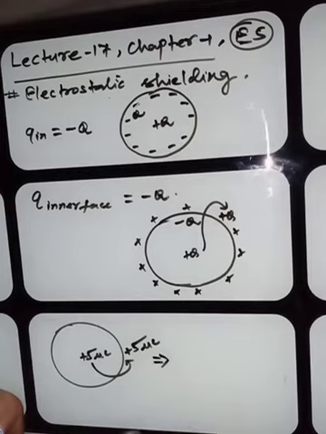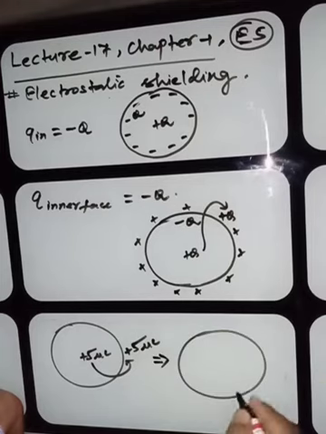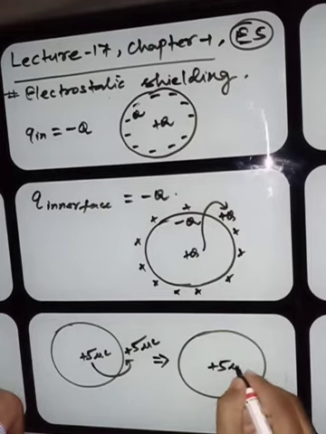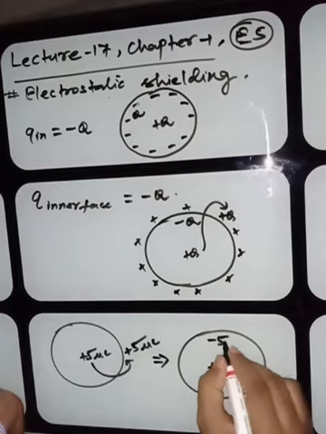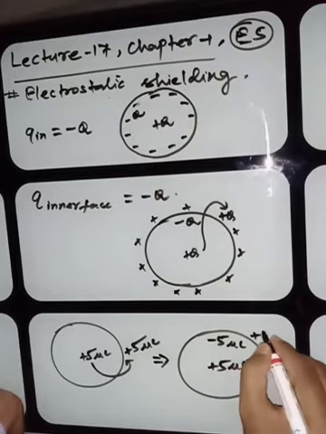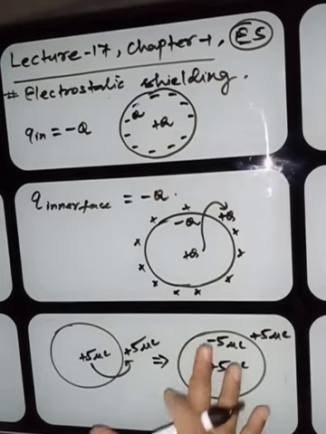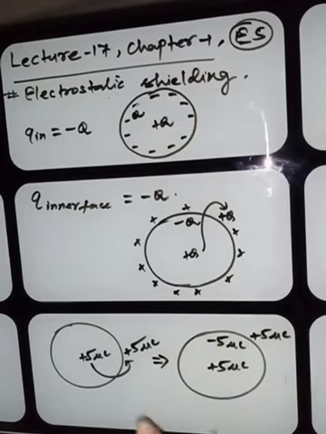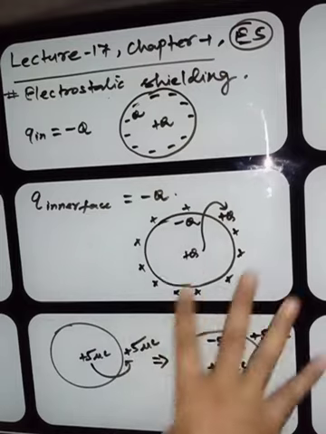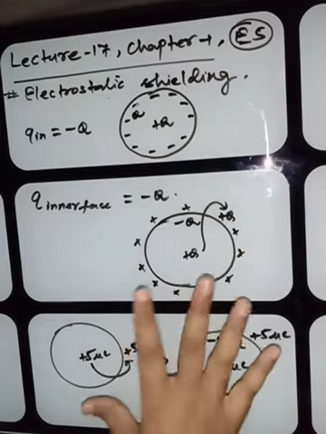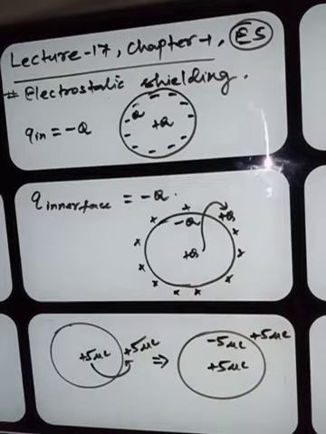The total representation of charge is: this is plus 5 microcoulomb, this is minus 5 microcoulomb, and this is plus 5 microcoulomb. This is the entire representation of charge.